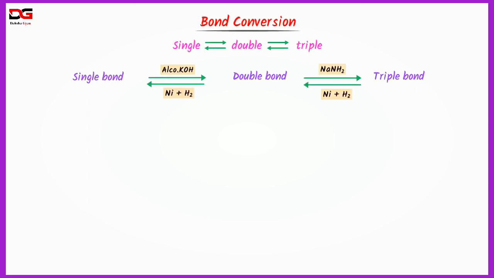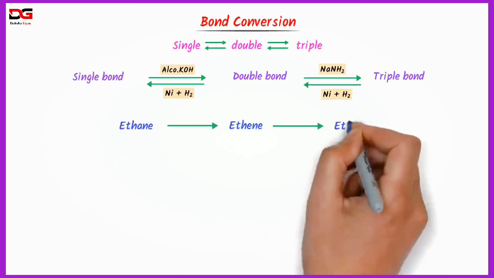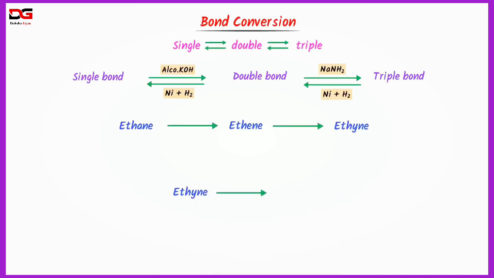Now consider these conversions. Convert ethane to ethene, ethene to ethyne, and ethyne to ethane. Firstly, I write here ethane and I activate it. I add chlorine and UV light to it. I get ethyl chloride.